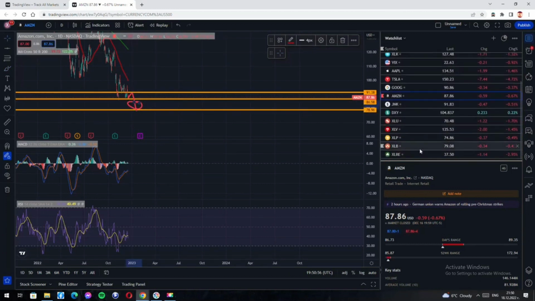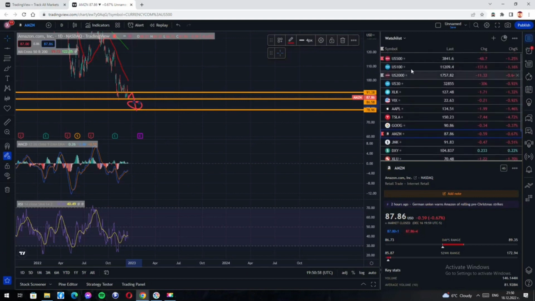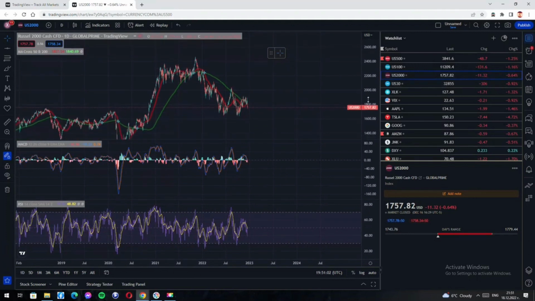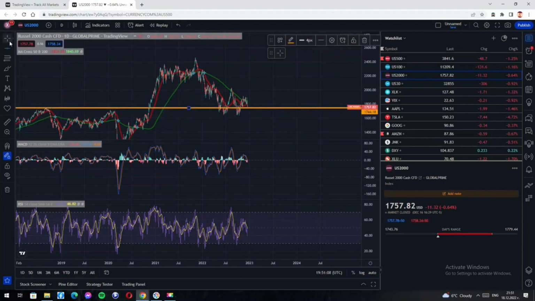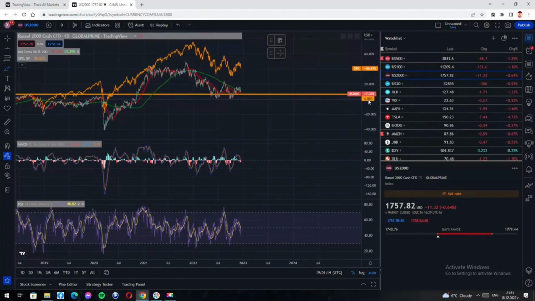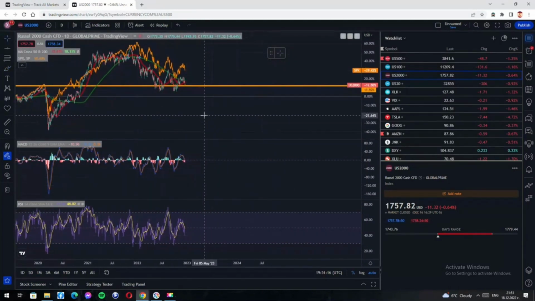And let's take a look for the last time. The Russell is the small cap index, the 2000 small cap companies, and this is a precursor of the bearish move, because let's compare it with the S&P 500.